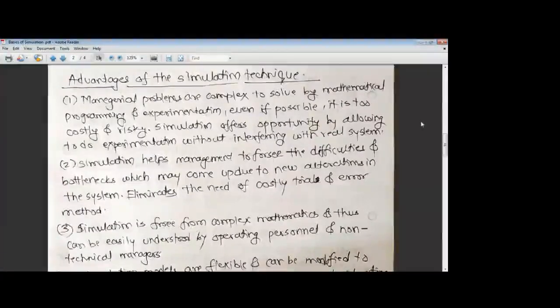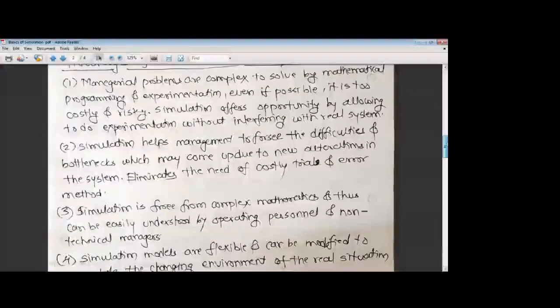I can purchase a machine, again for a few thousand rupees, which has a shaking platform and helps us create an earthquake of 9 to 10 Richter scale, and then I can find out the effect of the earthquake on that structure. So here I'm not interfering with the real system.